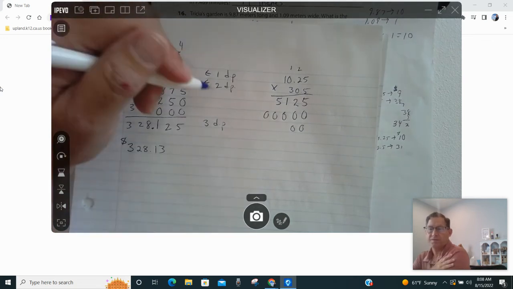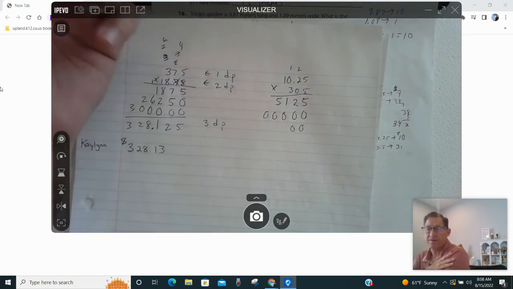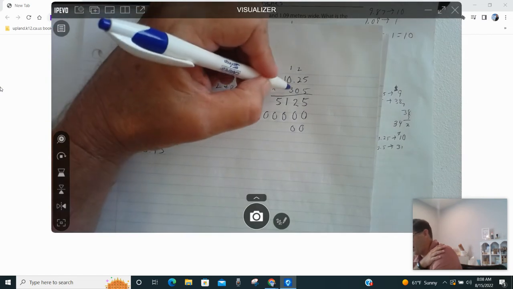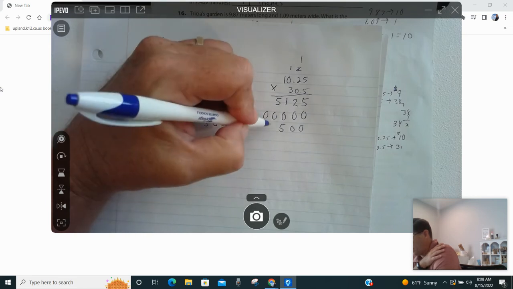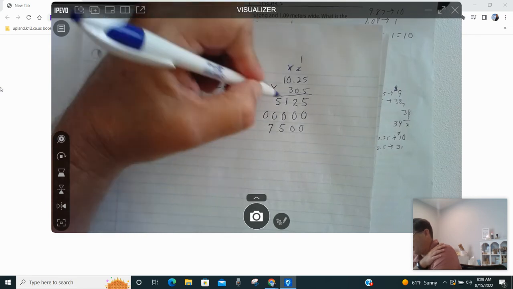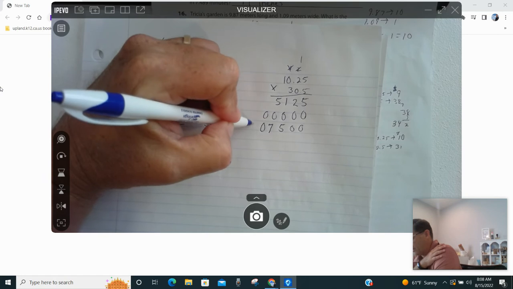Next partial product is just 0. 0 times 1025 is 0. And finally, 3 times 5, 15. 3 times 2 is 6, plus 1 regrouped is 7. 3 times 0 is 0, and 3 times 1 is 3.